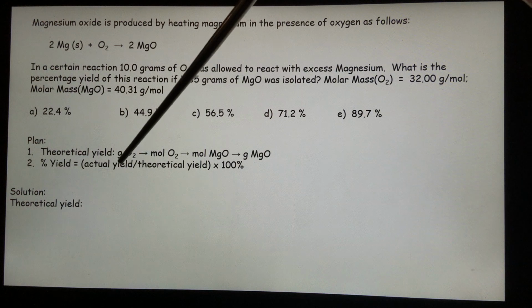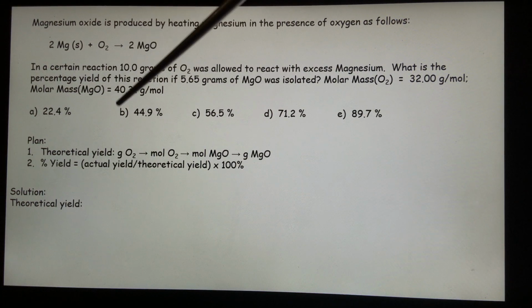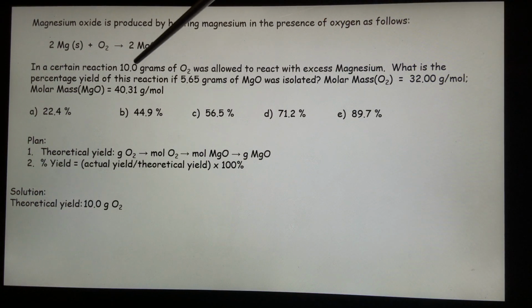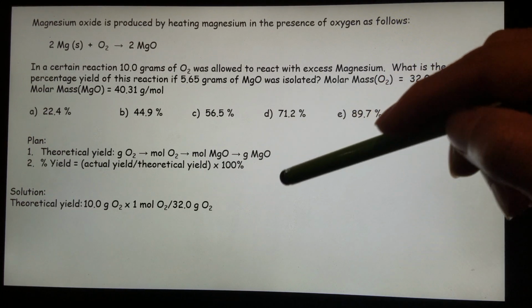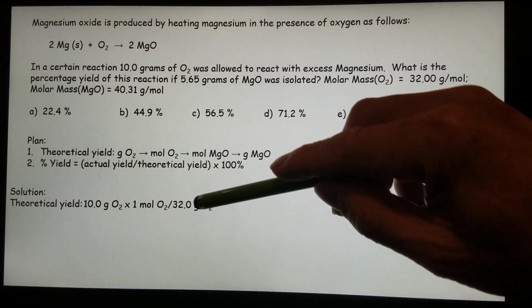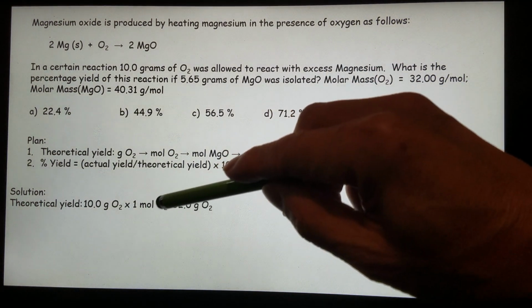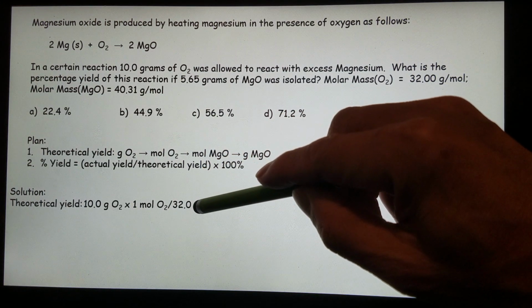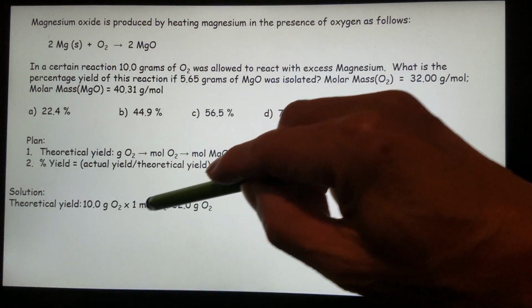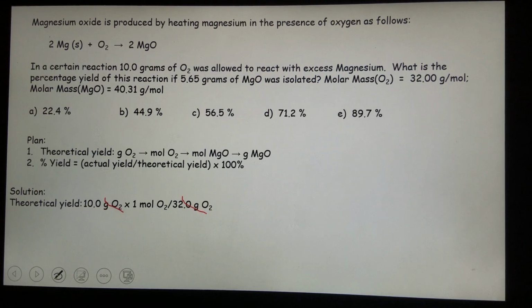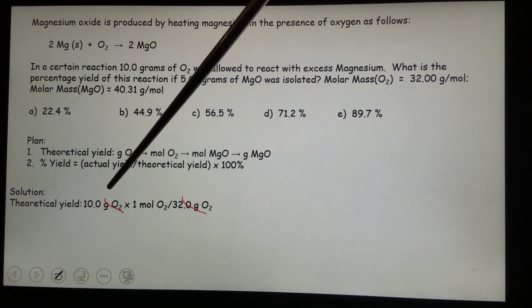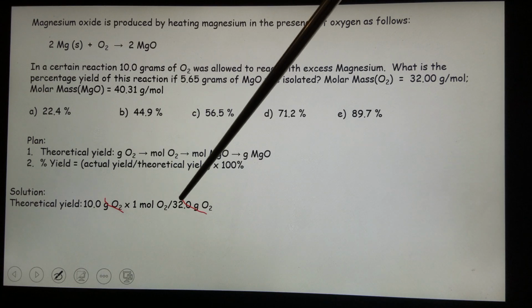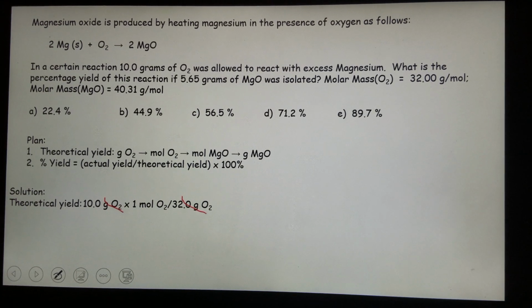Theoretical yield: we start with grams of oxygen, we have 10 grams of oxygen. Then, converting from, put that on the bottom; converting to, put that on top. So we are converting from grams of oxygen to moles of oxygen. Now you see we can cancel grams of oxygen and grams of oxygen.